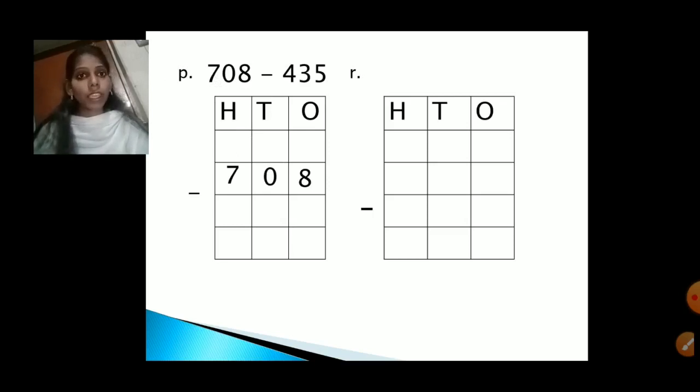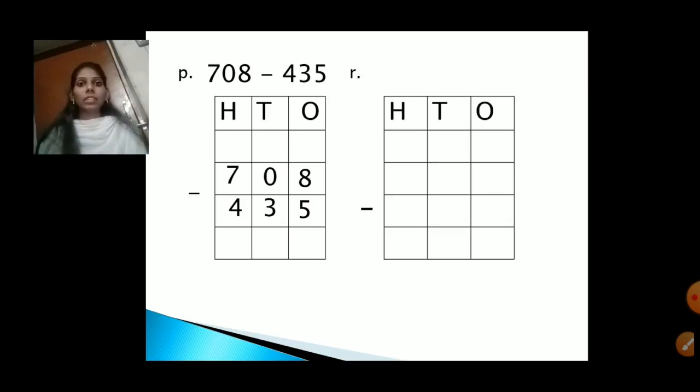So we will start from the 5. 5 we will place at ones place, then 3 we will write under the tens place, and 4 we will write under the 100 place. 708 minus 435.